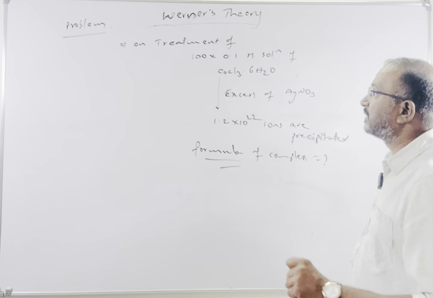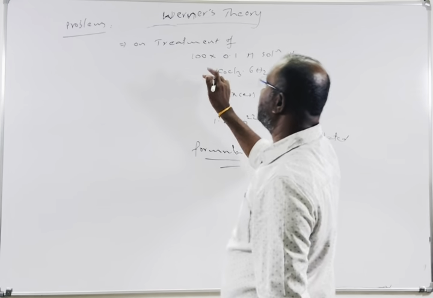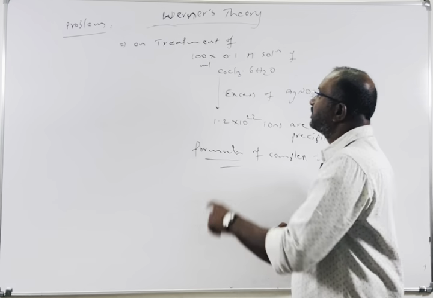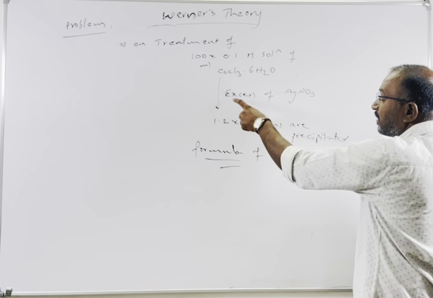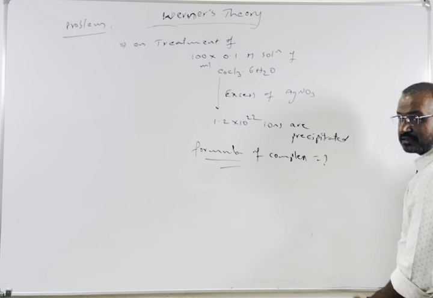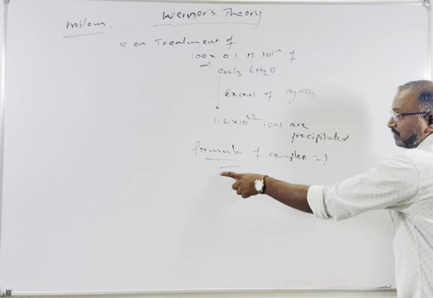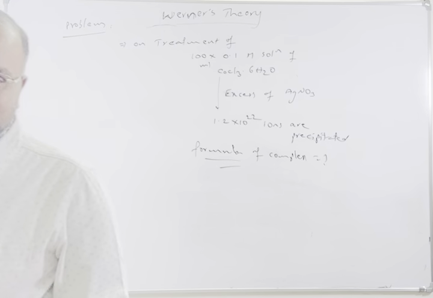Once again I am explaining the question. On treatment of 100 ml of 0.1 M solution of CoCl3.6H2O with excess AgNO3, 1.2 into 10 power of 22 ions are precipitated. So what is the formula of the complex? From these ions, first we have to calculate moles.